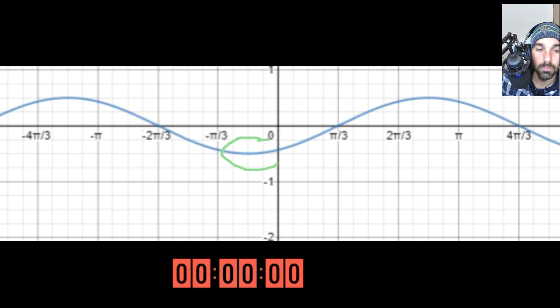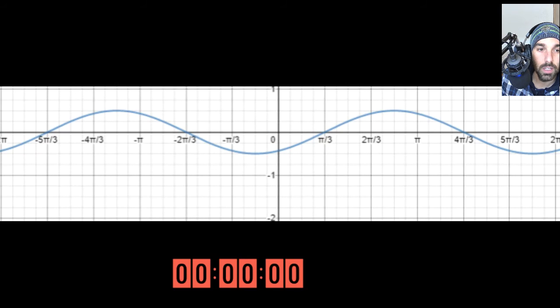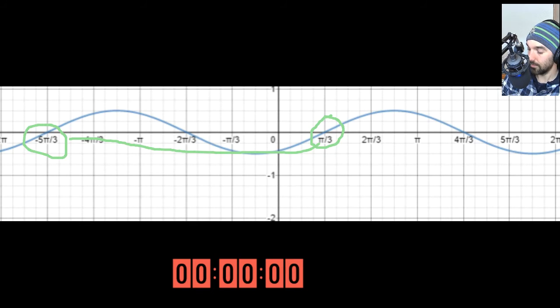Okay, here I zoomed, so I'm going to have to zoom out just a little bit. Then I'm going to have to figure out where a full period is. A full period is where it's going to happen again. It doesn't look like that's a great place to start with the full period. So if I go like this, it looks like that is my full period from there to there. Do you guys see that? That's one period.